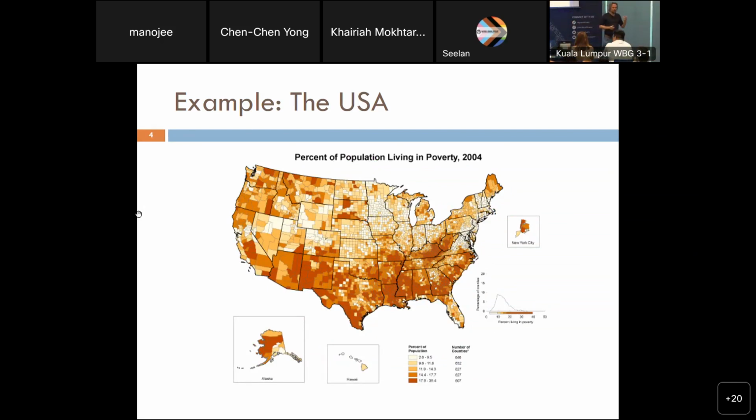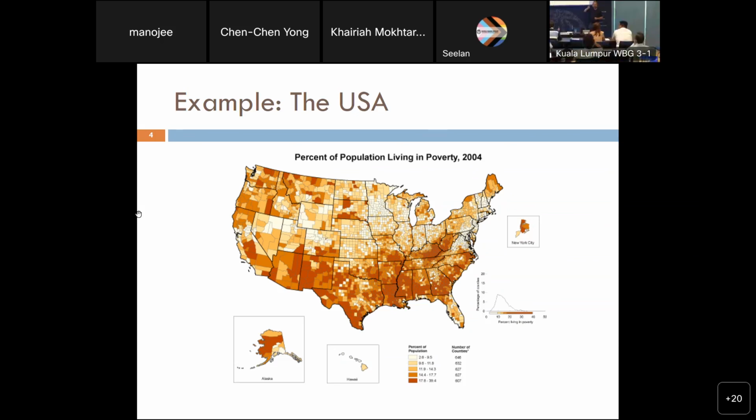Yes, please go ahead. Is it the percentage of the population compared to the US or for the state? So that's a good question. In this case, it is within the area that is colored. It is the percentage of the population whose standard of living is below a certain poverty line.